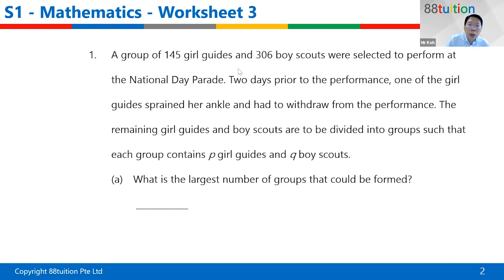So, to save your time, maybe Mr. Ko just gives you a clue. Now, when you are supposed to find what is the largest number of groups that could be formed, which do you use? Do you use LCM or do you use HCF?